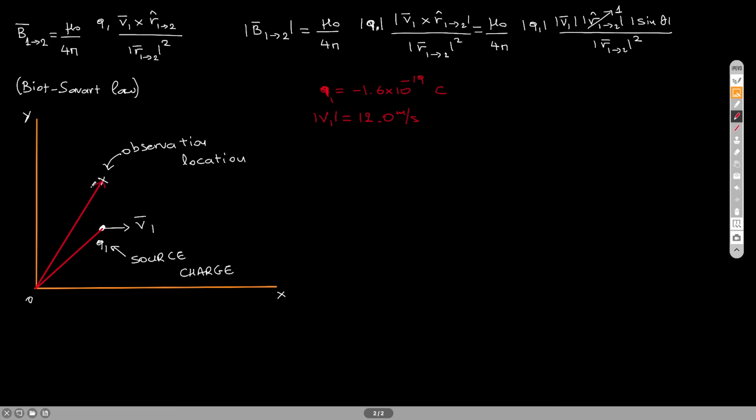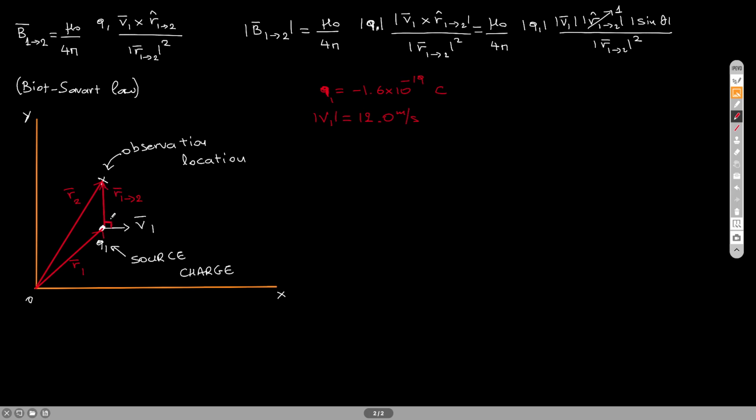And let's say, since this is where the observation location is, okay, let me show you the vectors. So this will be R2. This here will be R1. The vector that goes from 1 to 2 will be this one. So this is the vector that goes from 1 to 2. Now, take a look here. This is because the observation location is on the same x value.